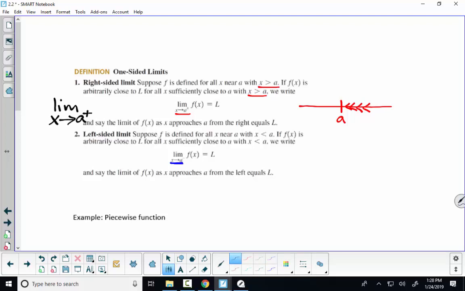So it's like that. X approaches a from the right on whatever function you have, and the limit as x approaches a from the left on this function. And if we're approaching it from the left, it simply means that x is smaller than a.